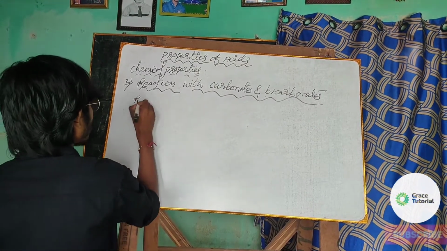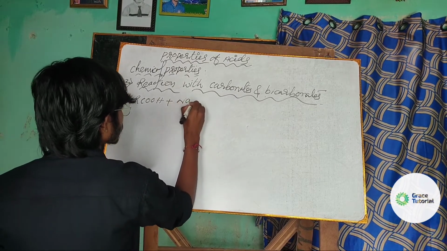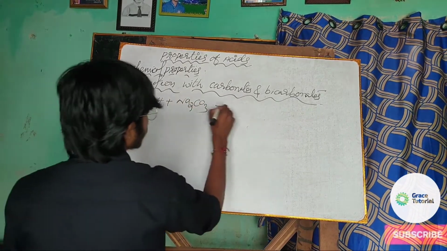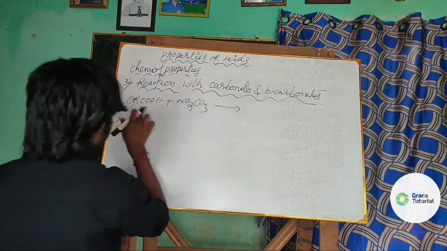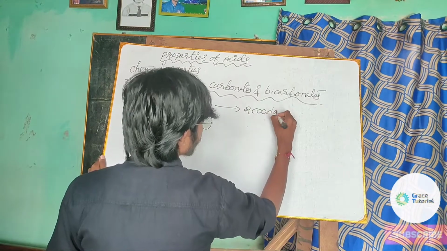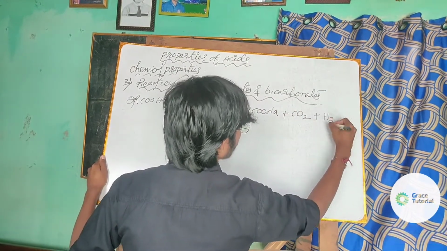Suppose I have the acid RCOOH. When it reacts with Na2CO3, then it gives RCOONa, the sodium salt of the acid, and carbon dioxide gas is obtained along with the water molecule.